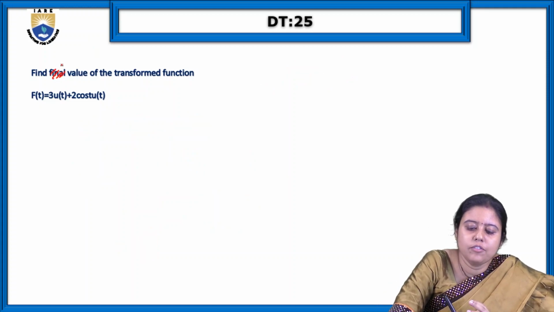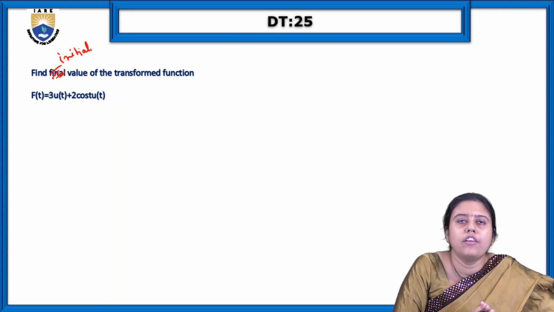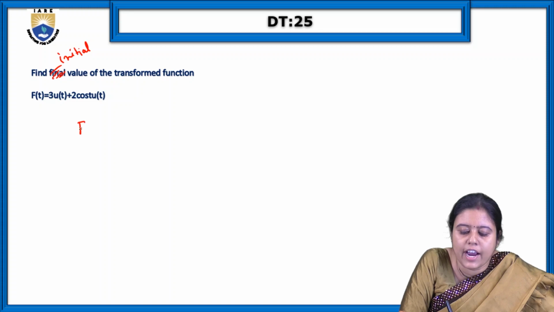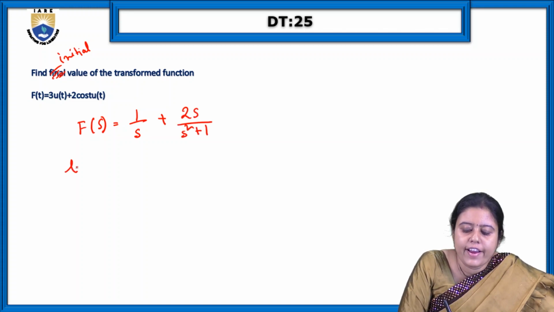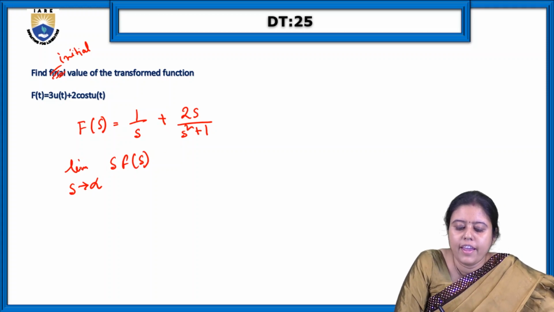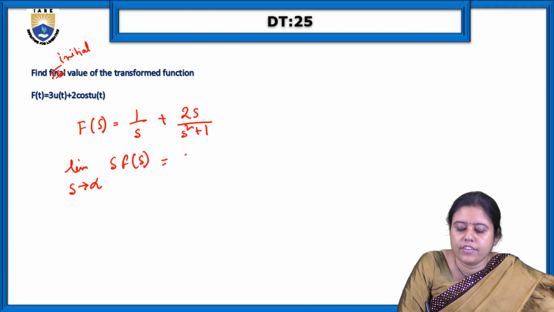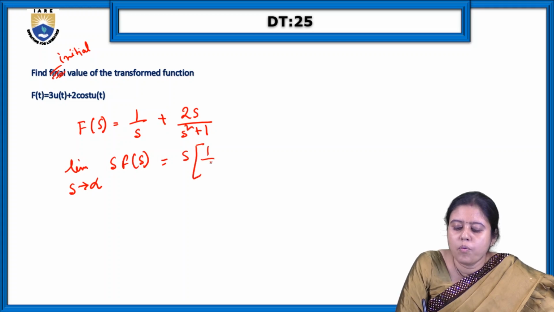Now we are calculating the initial value theorem. Calculate the initial value of the transformed function. Again we will start from the same: Fs is equal to 3 by s plus 2s by s square plus 1.